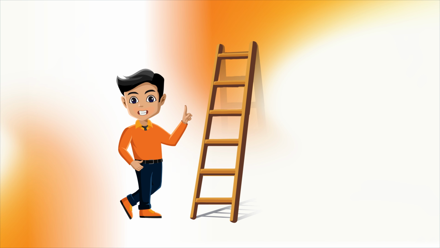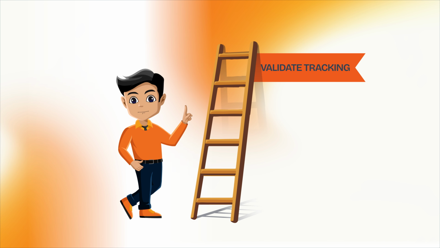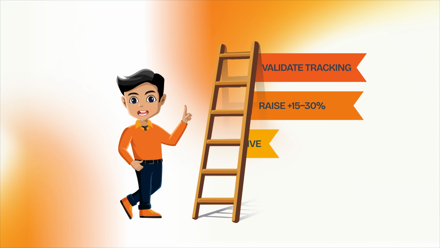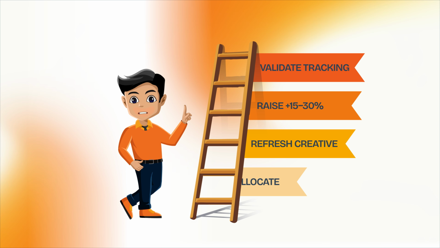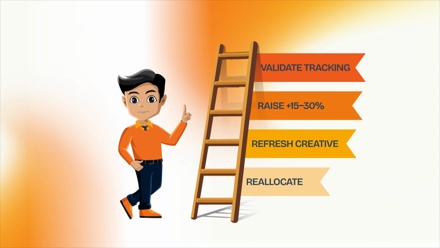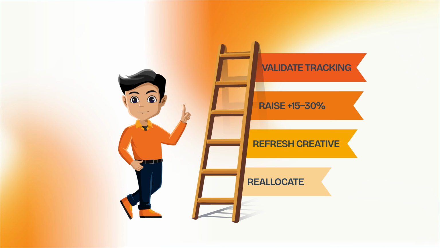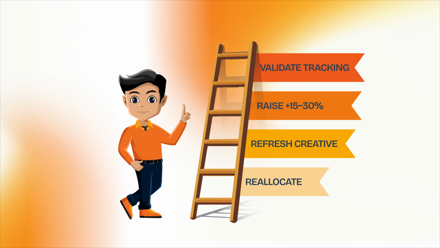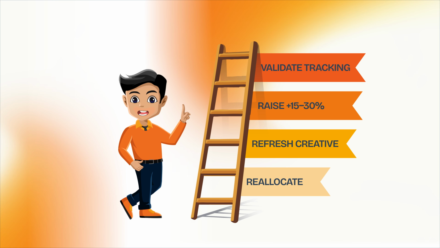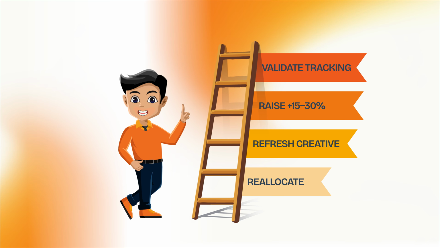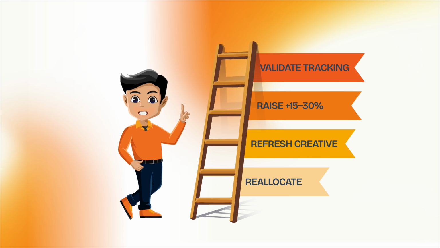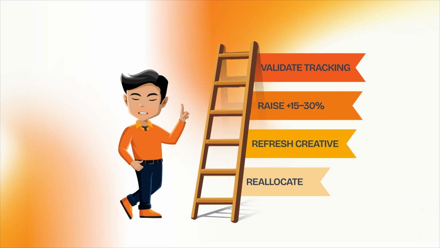6. Ramp schedule, example cadence. Weeks 1 to 2: spend at learning levels only, validate tracking, hit first conversions. Weeks 3 to 4: if CPL/CPA is within 1.25 times target, raise daily budget 15 to 30%.